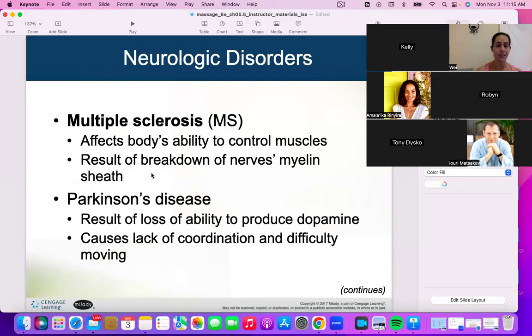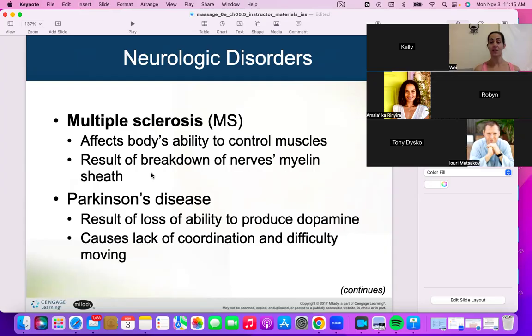Okay, now Parkinson's disease, that's the second one, results from loss of ability to produce dopamine. So dopamine is what makes us alert, energetic. Some people are addicted to dopamine, so they put themselves in a stressful, risky situation so they get their dopamine up.